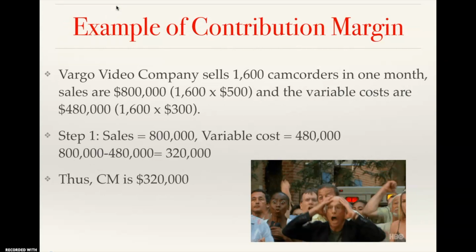In this example, Vargo Video Company sells 1,600 camcorders in 1 month. Sales are 800,000 and the variable costs are 480,000. So in order to get the contribution margin, what we do is take sales of 800,000 minus variable costs of 480,000 to get the contribution margin, which is 320,000.